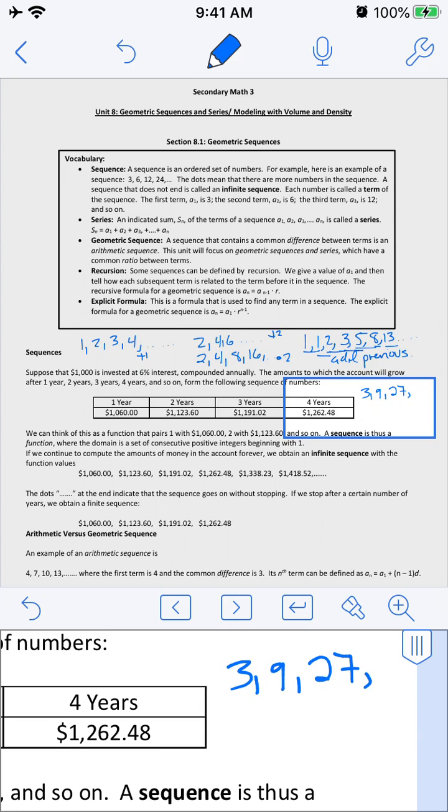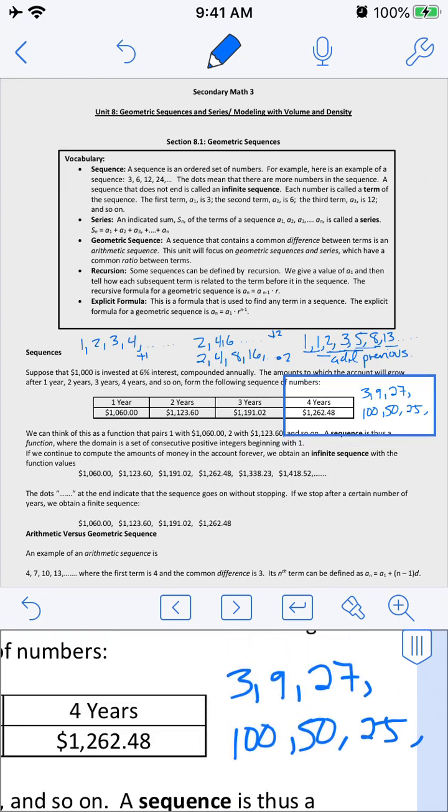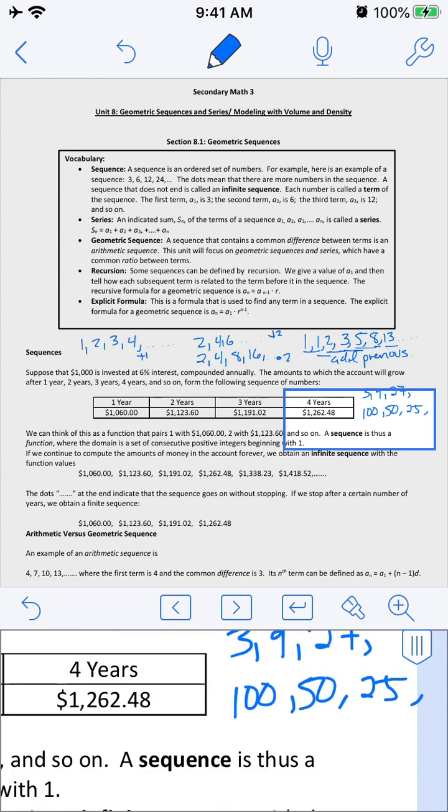So we could do 100, 50, 25, ... That would be dividing by 2, right? But really it's multiplying by 1/2, okay? So those are the kind of ones we're going to focus on, not because they're the most exciting, but because they lead into series really well.